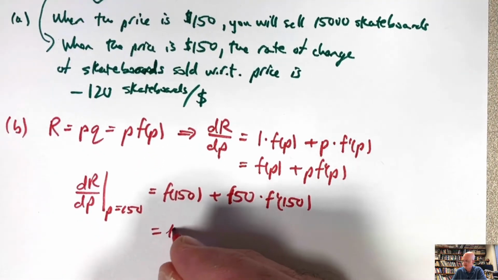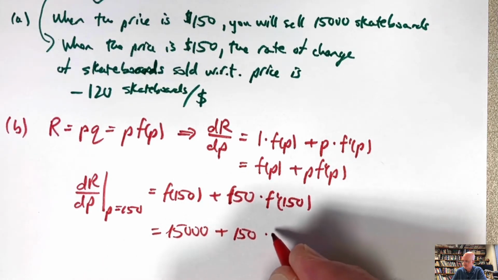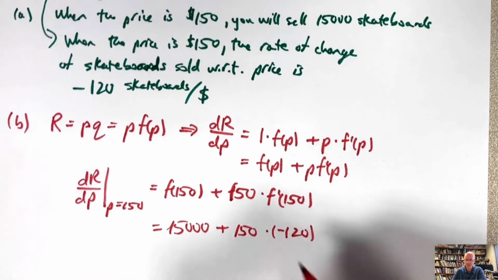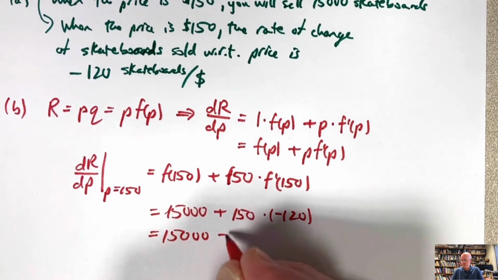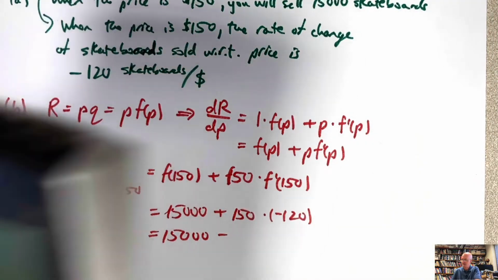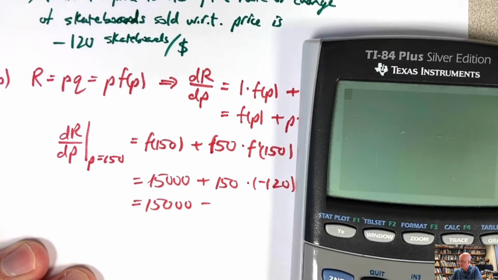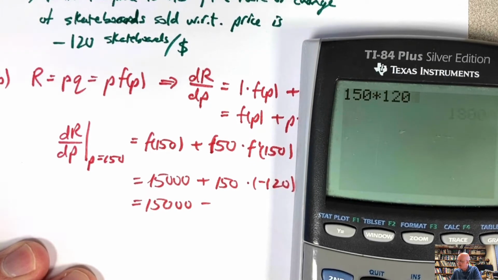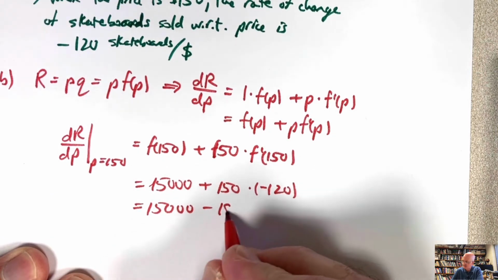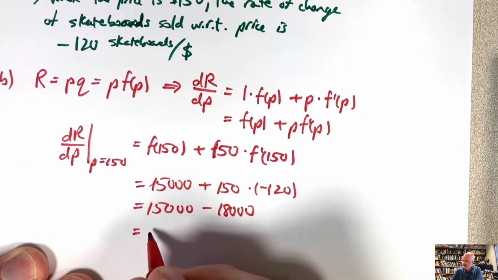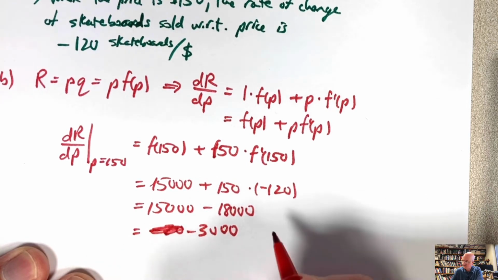This becomes 15,000 plus 150 times negative 120. What does that simplify to? 15,000 minus 150 times 120 is 18,000, so we're subtracting 18,000. We get a negative answer, negative 3,000.